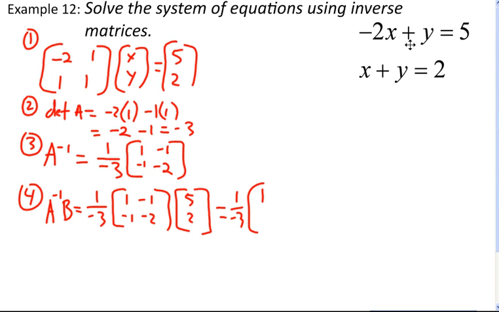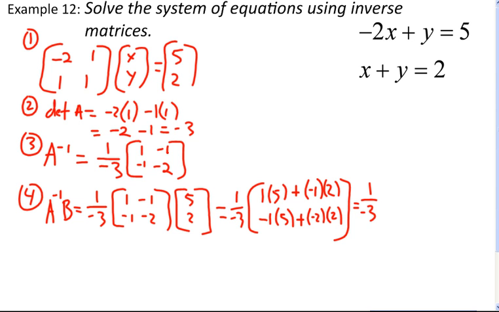So I have 1 times 5 plus negative 1 times 2, negative 1 times 5, minus, or we can just say plus, negative 2 times 2, all times 1 over negative 3.